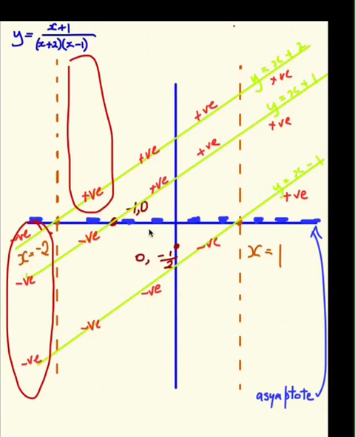Now we use these regions again, so I'm looking between 0 and the asymptote here. So I've got a positive first part of the denominator, a negative part for the second part of the denominator. So I've got positive, negative, and positive. So positive, positive. The answer here is negative. So the answer between this and this lies in this region here.